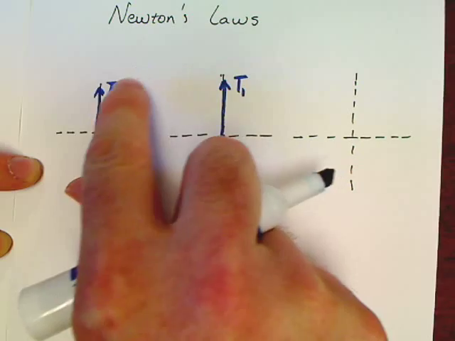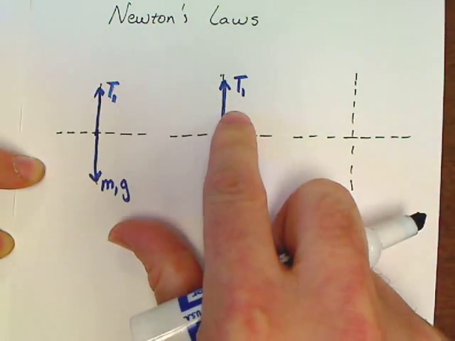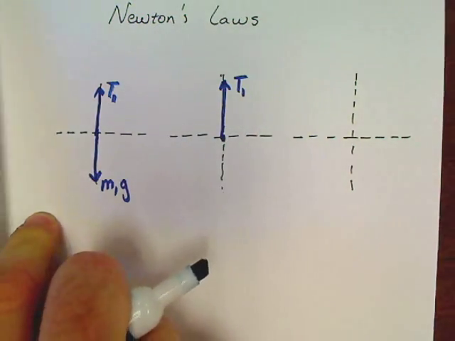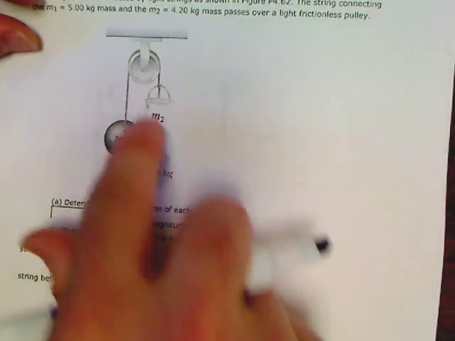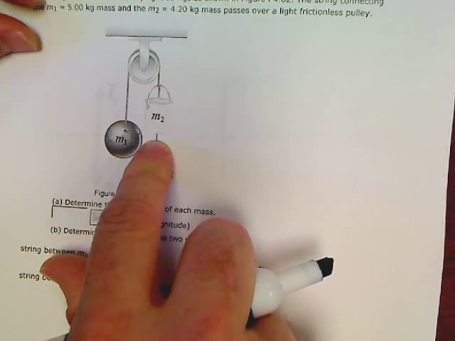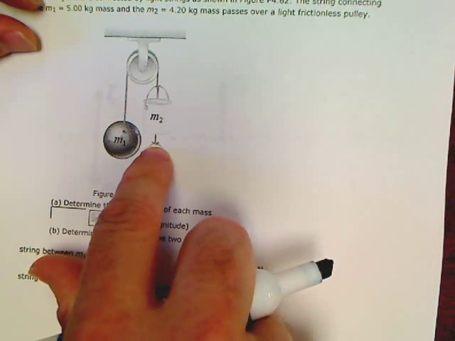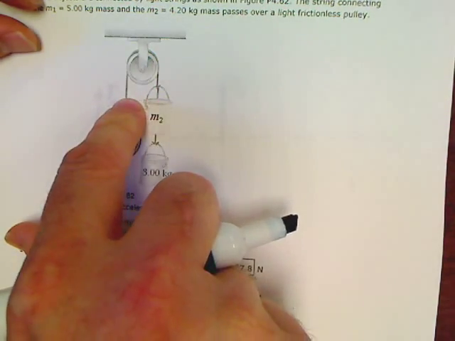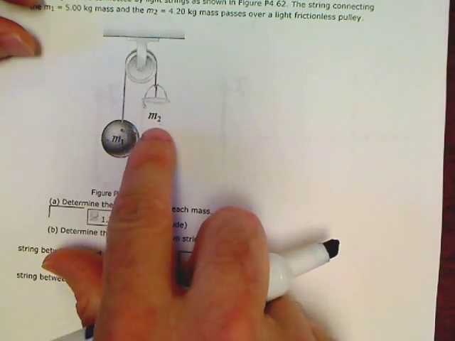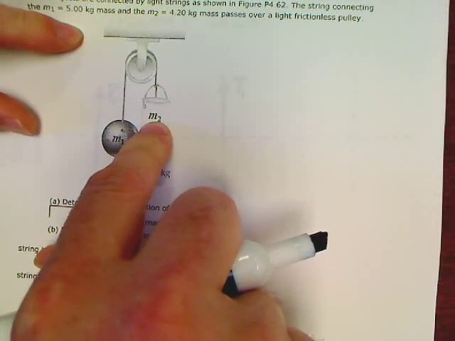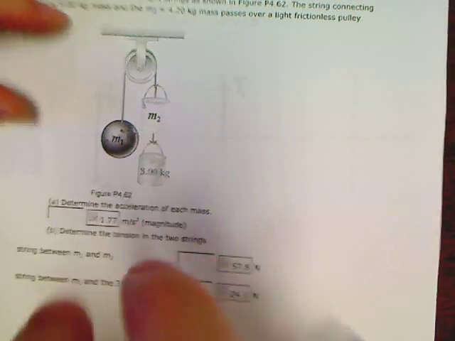It's that same tension. You see, this rope and this rope is the same piece of rope. If you're wondering why I called this T1, that's because in this problem there's going to be a T2. Every piece of rope is going to be a different tension. So I've got a T1 up here and a T1 up here. This M2 also has an M2G going down.